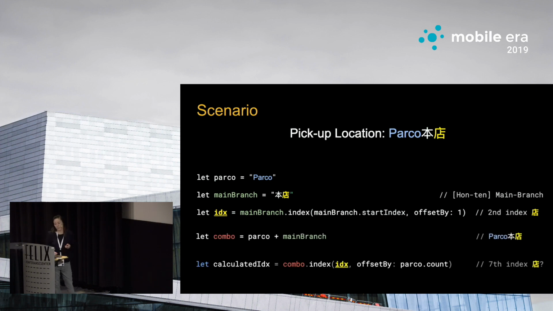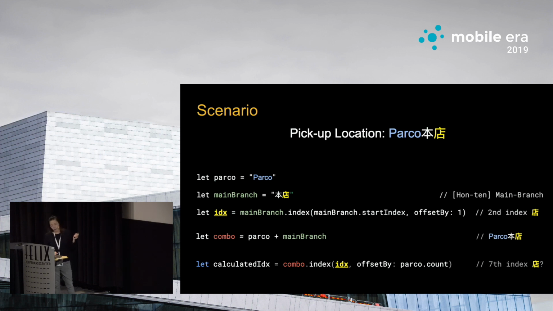We then combined both strings. Let's call that combo. Then we used idx and the combo string to recompute the index of that target character in that string. This calculated index was then used to apply different styling to that character.